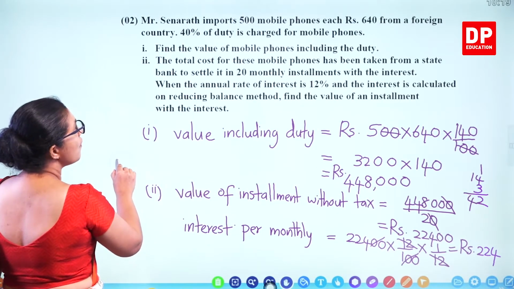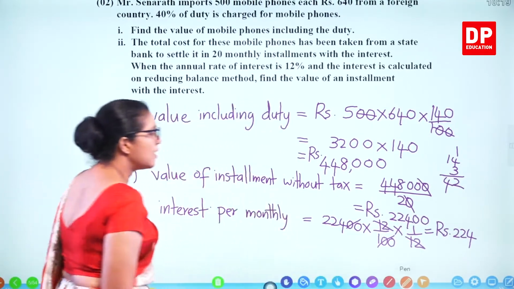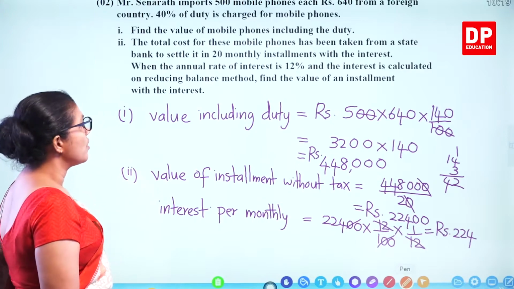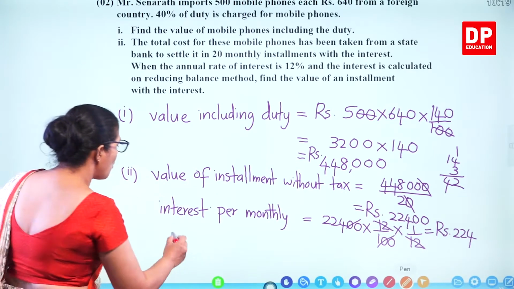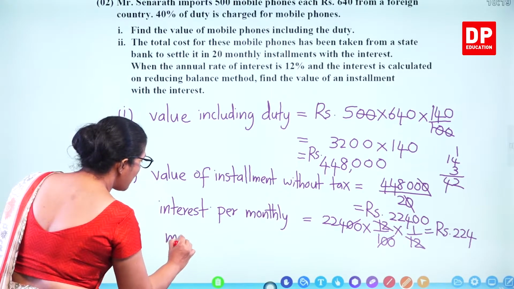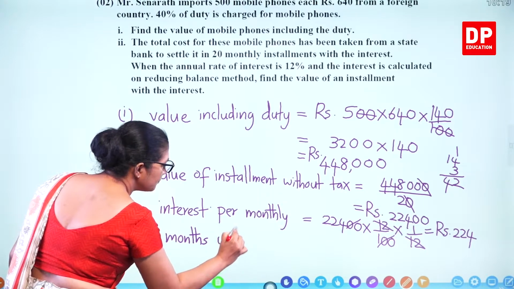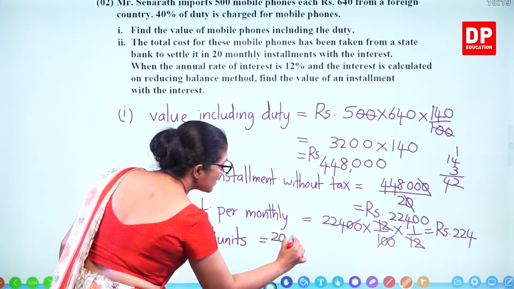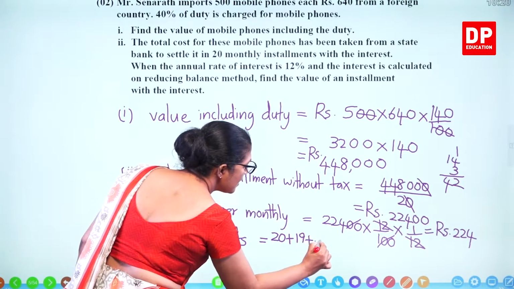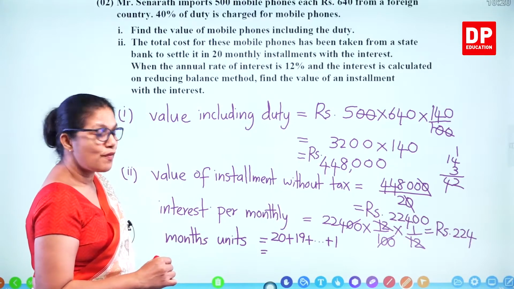Now we need to find out how many month units are there. So here 20 plus 19 plus 18 like that. So how many month units are there? 20 plus 19 plus like that up to 1. What's the easiest way to find that?